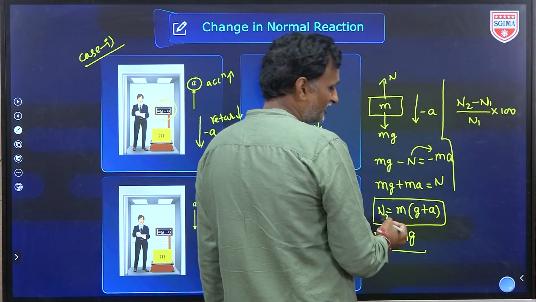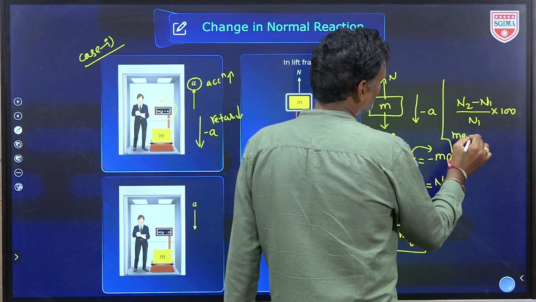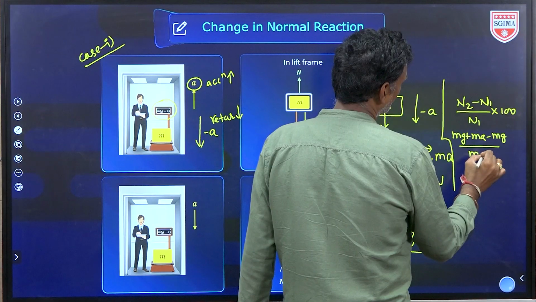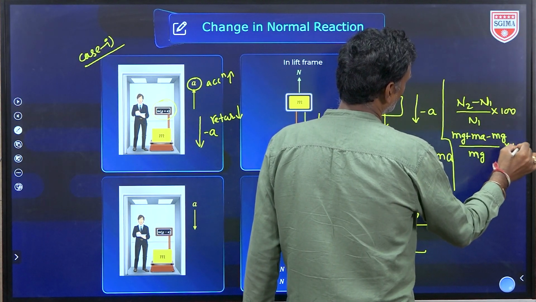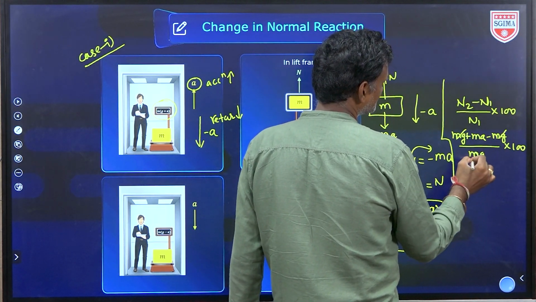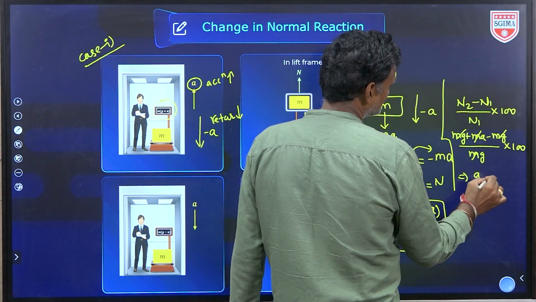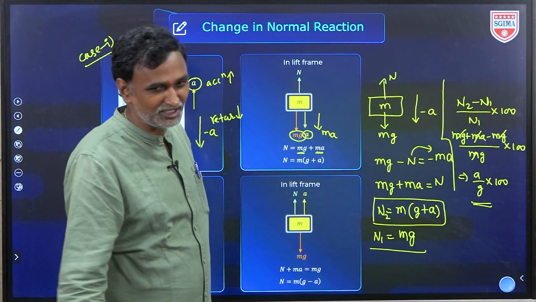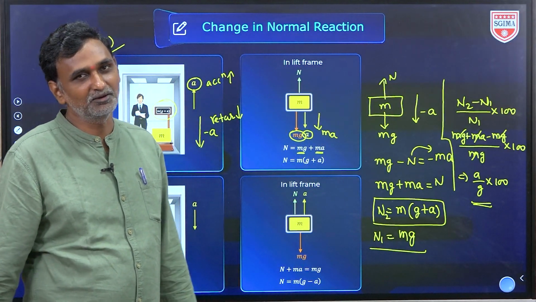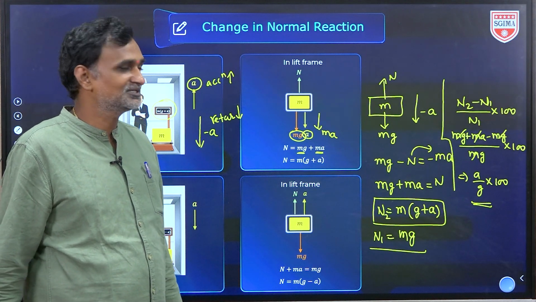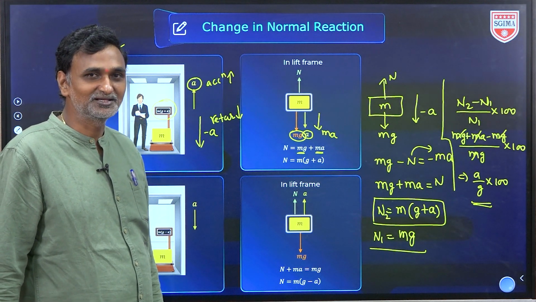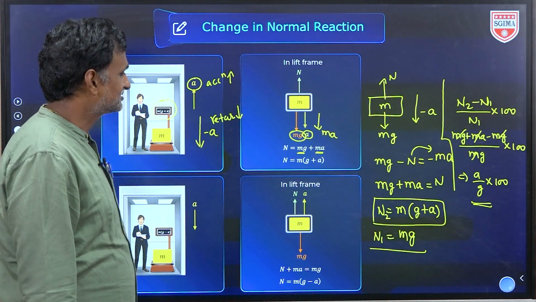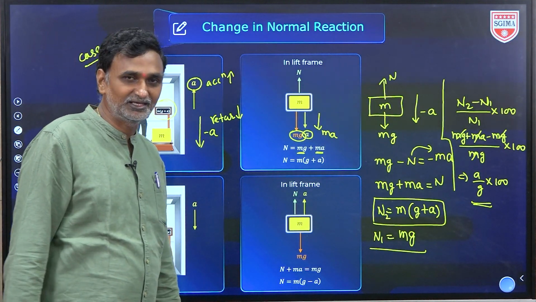N2 is mg plus ma, minus mg, by mg, into 100. Here minus mg and plus mg cancel, giving a by g into 100. This is the fractional change in the weight of the block or particle whenever it is moving with some acceleration upward or retardation downward, compared with when it is at rest. This is the concept we follow for case 1.